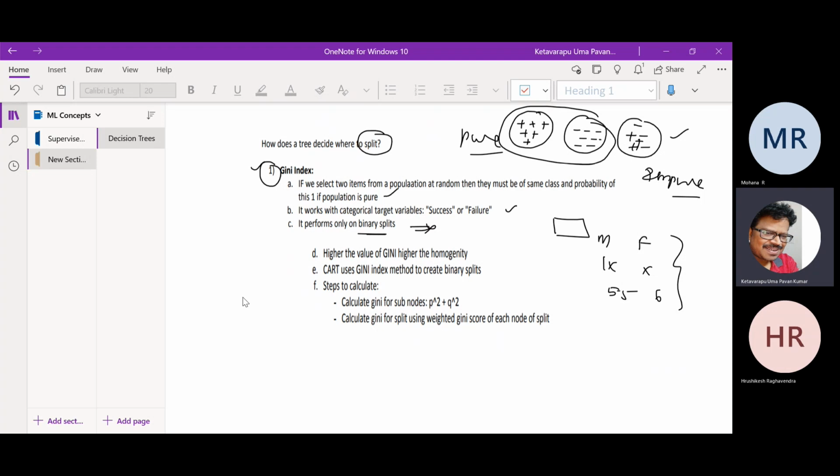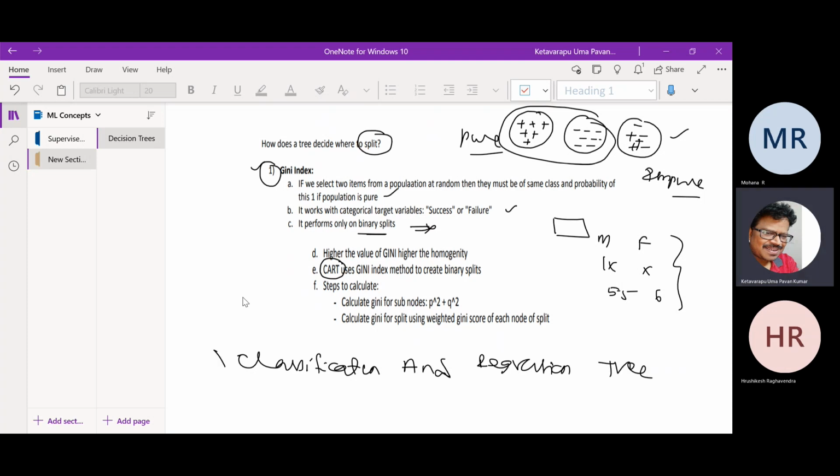Generic things: yes or no, male or female, some class of audience. Now, if you observe this particular CART, actually CART is an expansion of classification and regression tree.